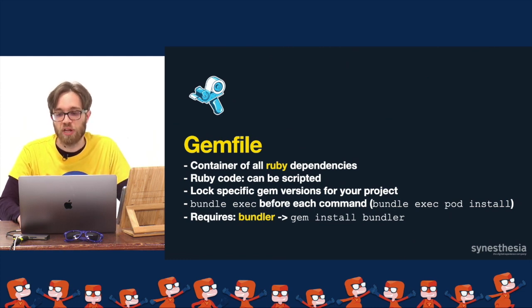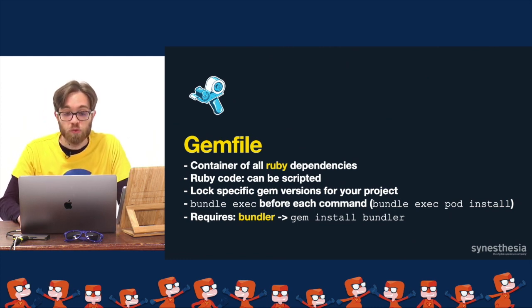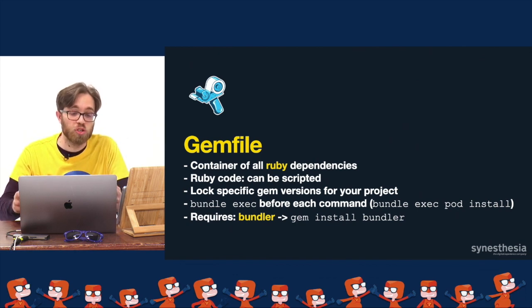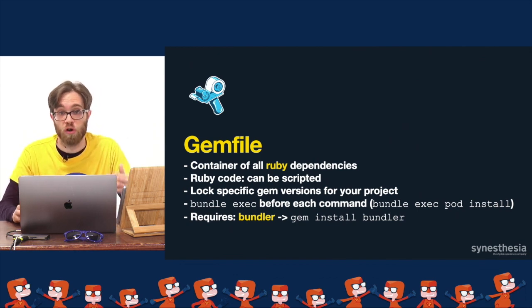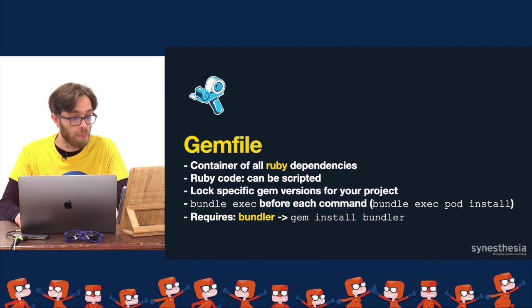For instance, bundle exec pod install. In this way, if we have a Gemfile in our project, we will be sure that the version of Cocoapods or whatever tool we may need will be the same across versions.